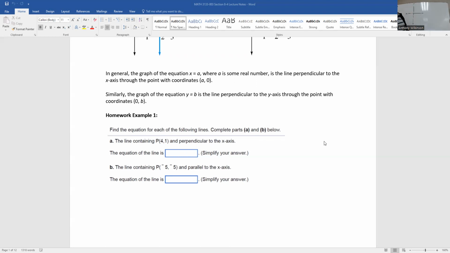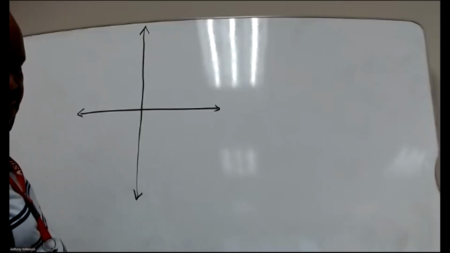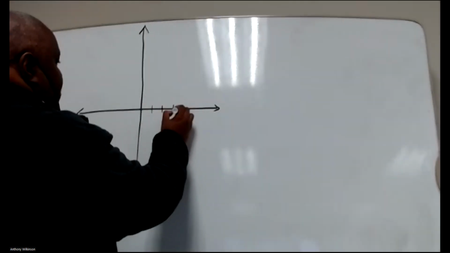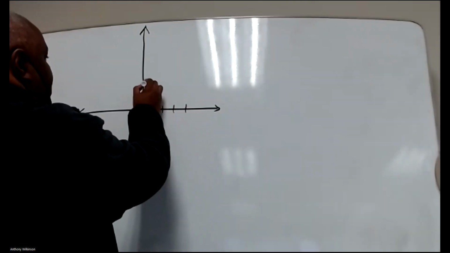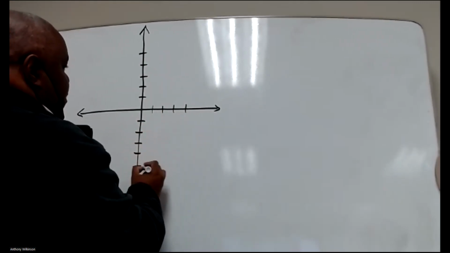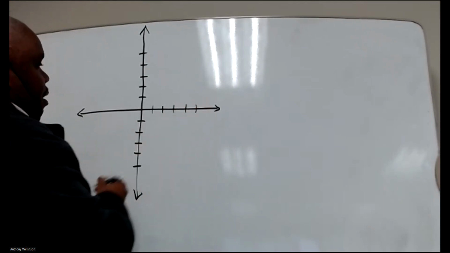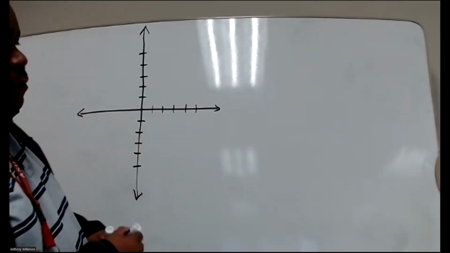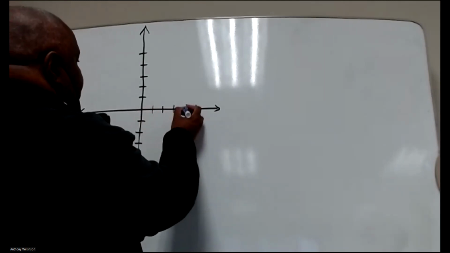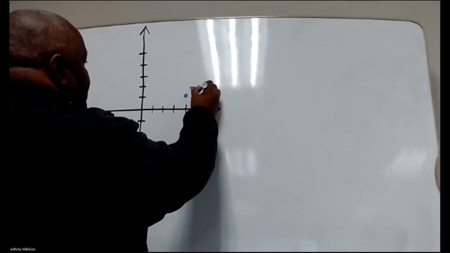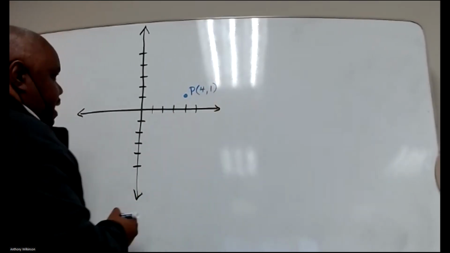So what I'm doing here on the board is drawing the coordinate plane. Well, the point P is going to be (4, 1). So that means I go to the right 4 and up 1. That's the point.